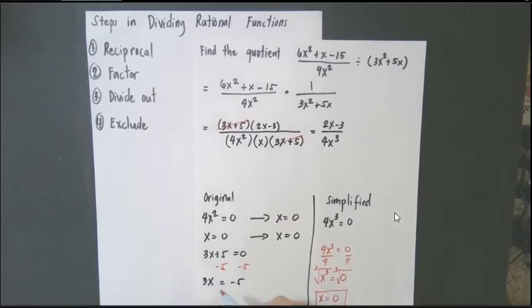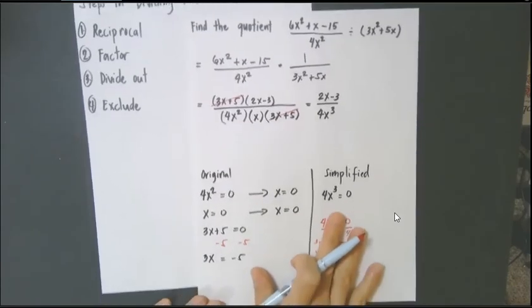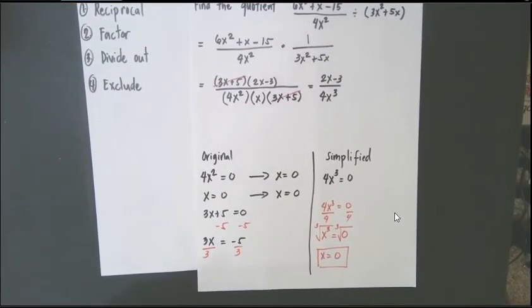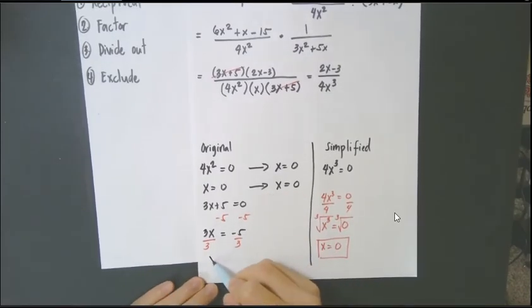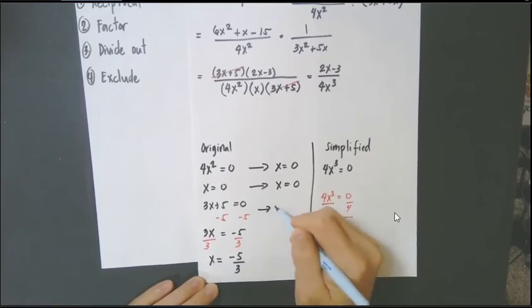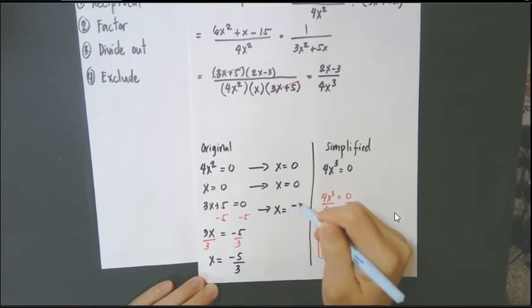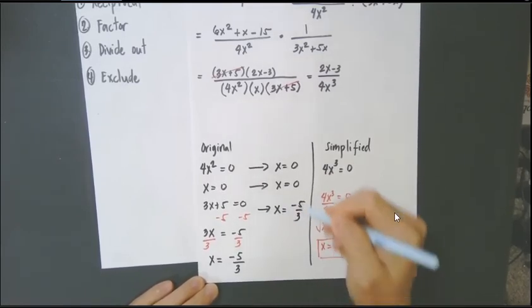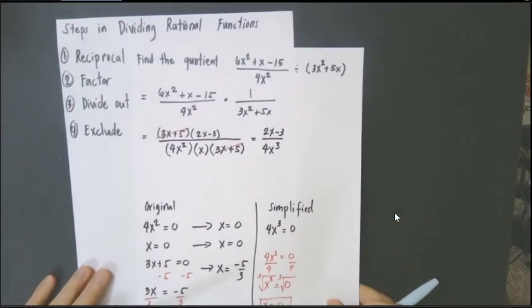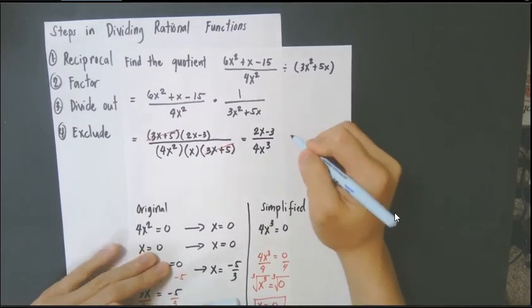Now we divide by 3 on both sides, and the answer should be x is equal to negative 5 over 3. So these are now your 3 excluded values. So just add that to your final answer.